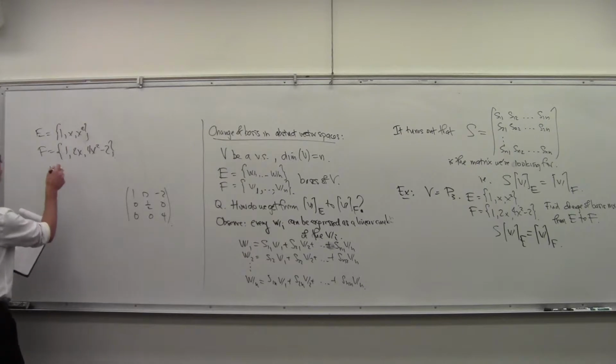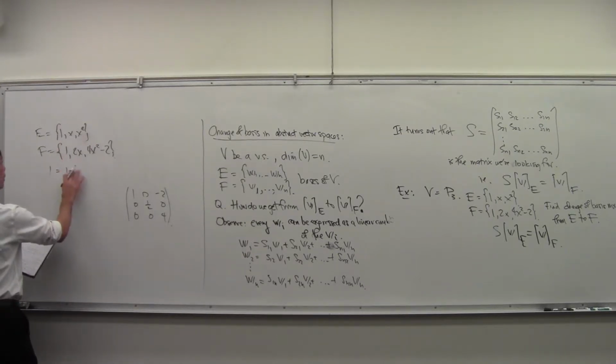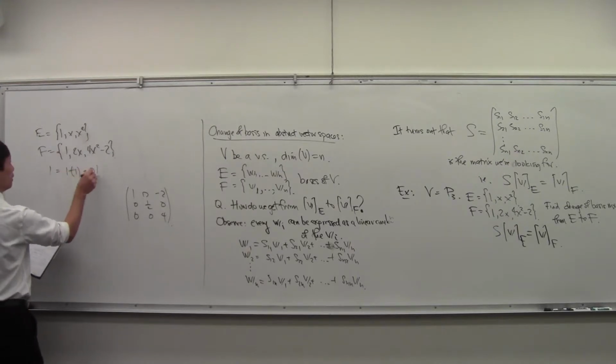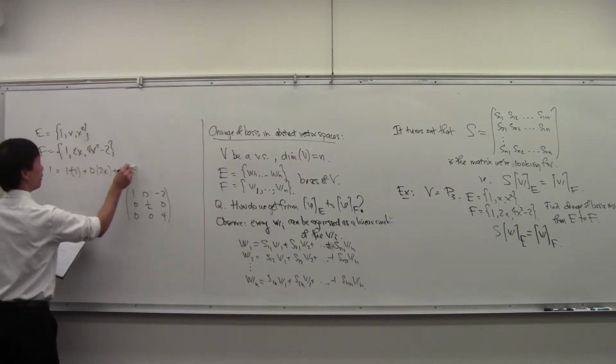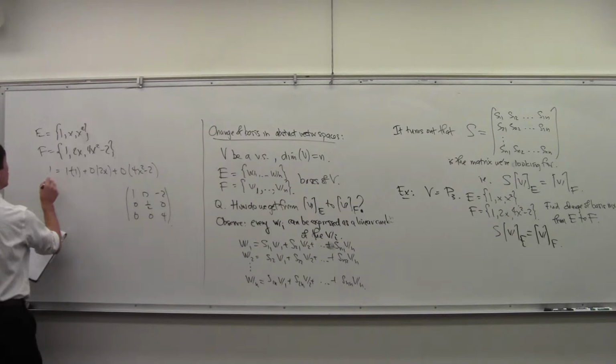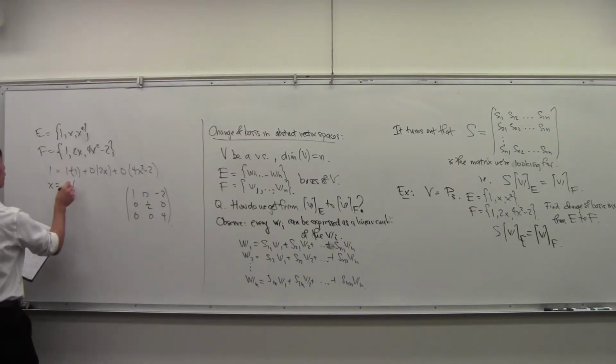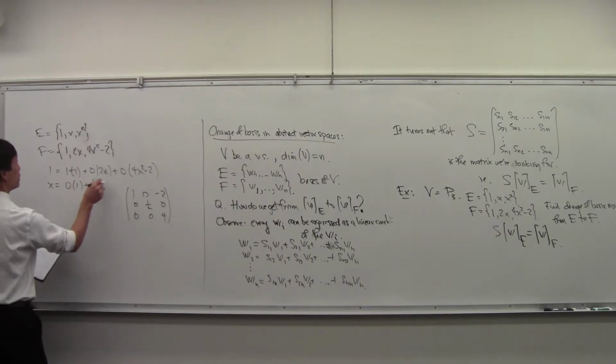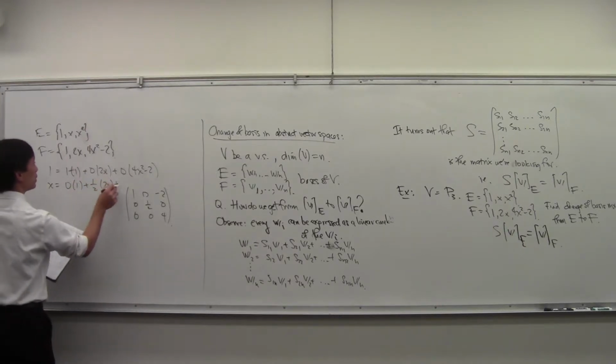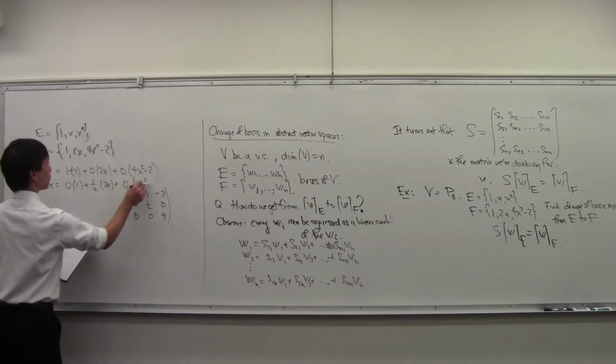Look, 1 is certainly 1 of this guy plus 0 of the second guy plus 0 of this guy. x is 0 of the first guy plus a half of the second guy plus 0 of the third guy.